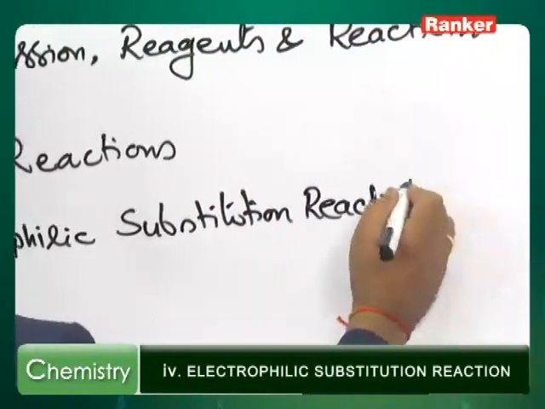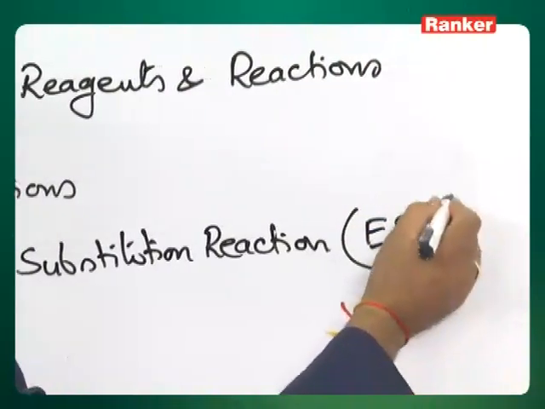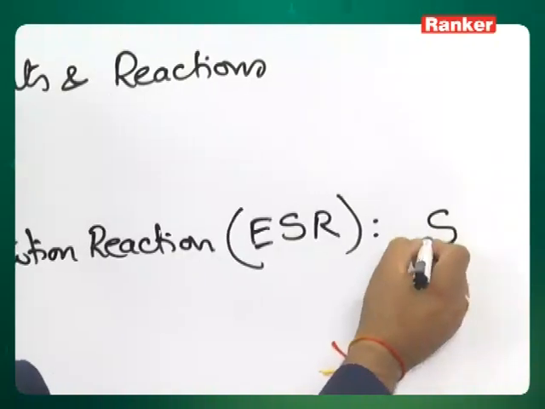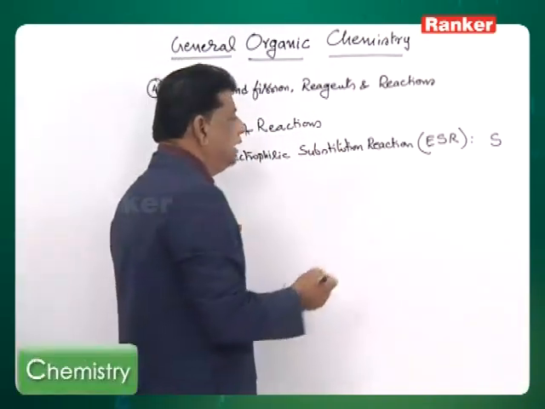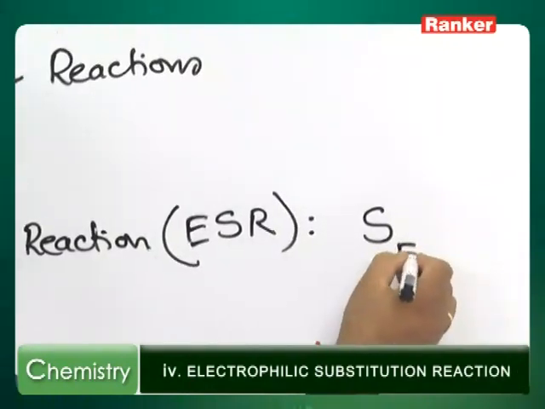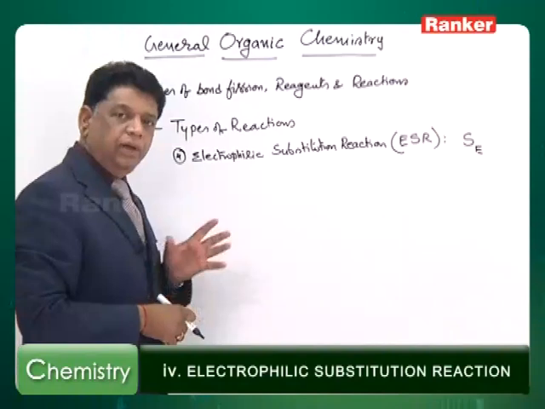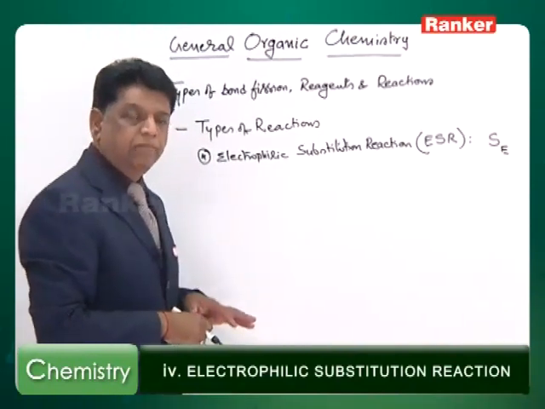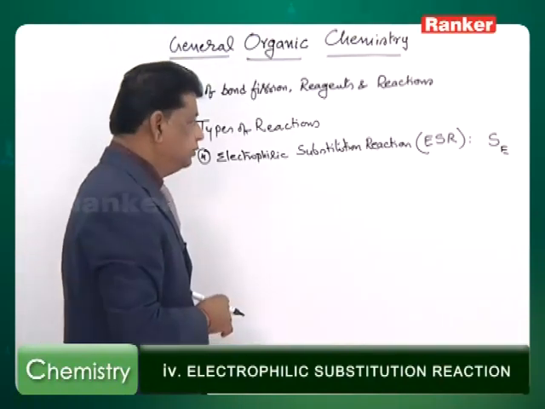This reaction you can abbreviate as ESR, but substitution is the main reaction. So, therefore, in many books it is given the notation substitution started by electrophile, therefore, SE. Some books also say specially the reaction is in the aromatic compound, therefore, ArSE, that is aromatic electrophilic substitution.